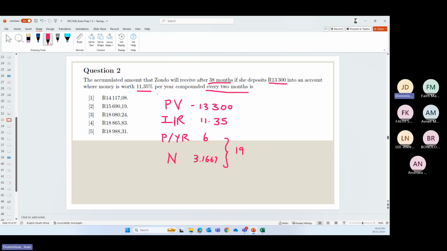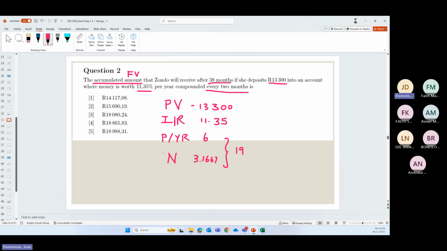And then we want to know what, again, is the accumulated amount, so the future value. So you will also pick up in the questions, they seldom use the words work out the future value.